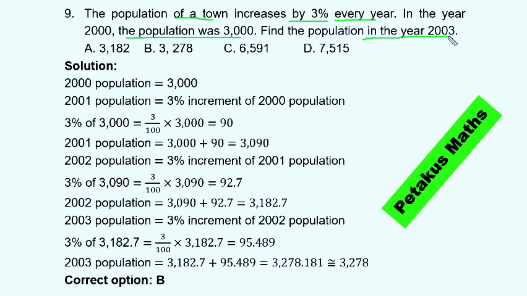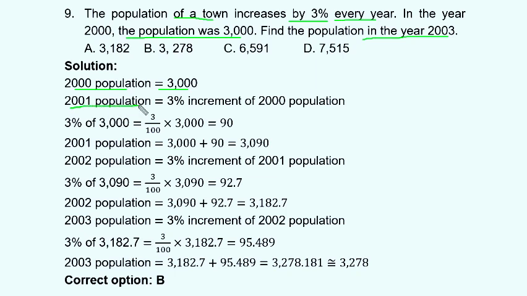So after the year 2000, the next year is 2001, 2002, then 2003. You calculate the 3% increment respectively, then you add it. Solution: the year 2000 population is equal to 3,000. That is settled.